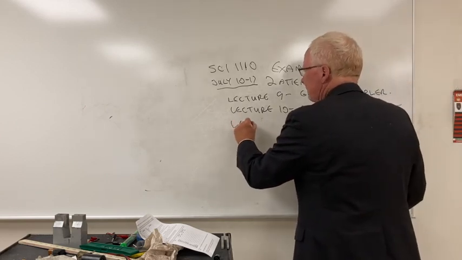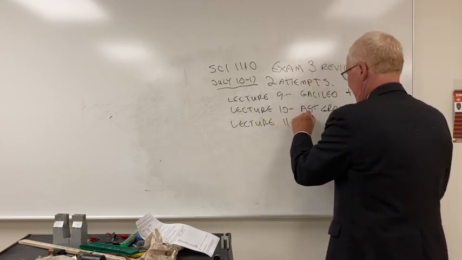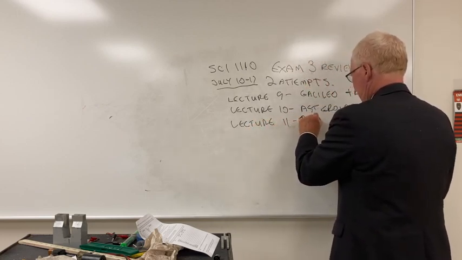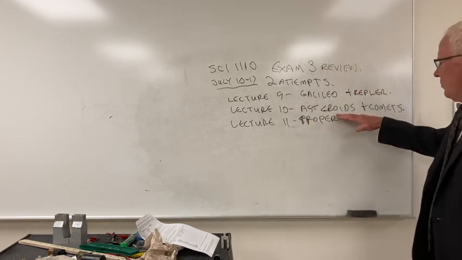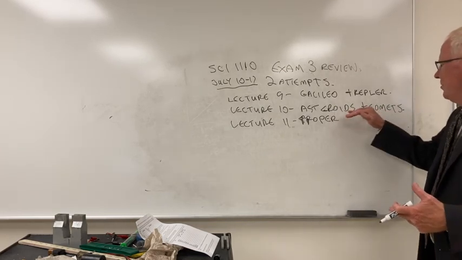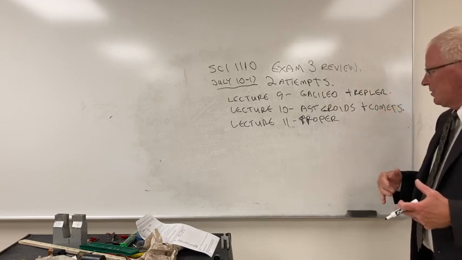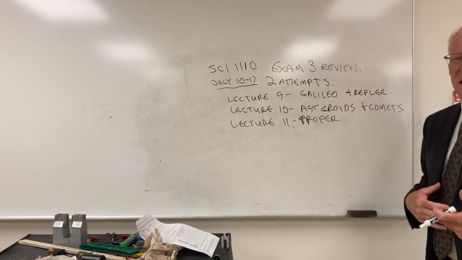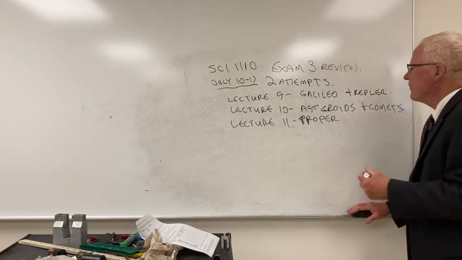Lecture 11, properties of stars. So this talks about asteroids and comets. What are properties of asteroids? What's the difference between an asteroid and a comet? As far as where they're located, it's between Mars and Jupiter's orbits for the most part.